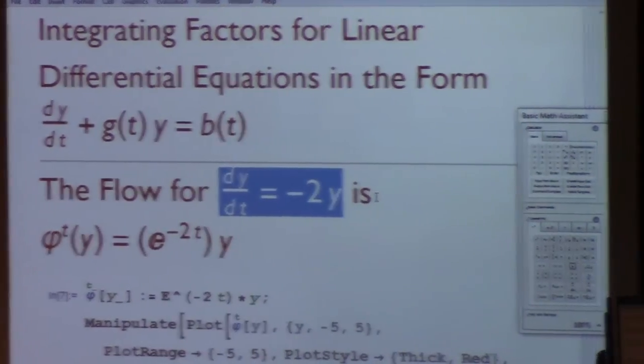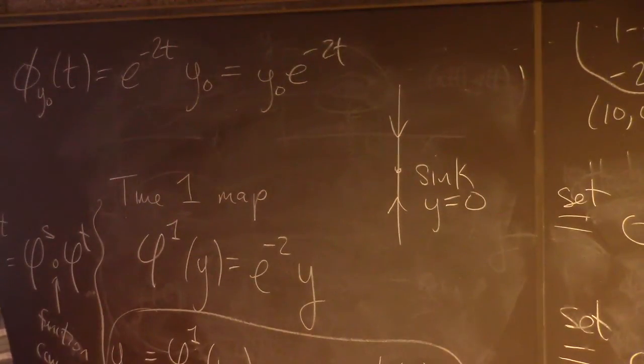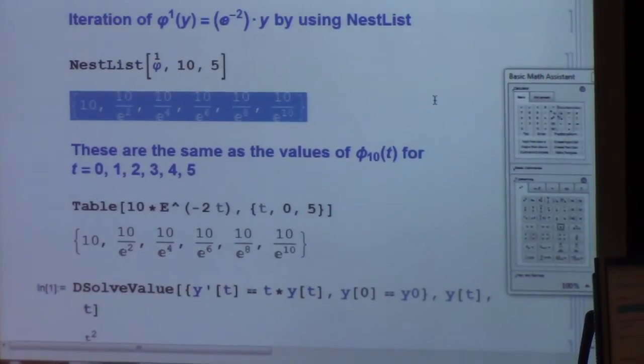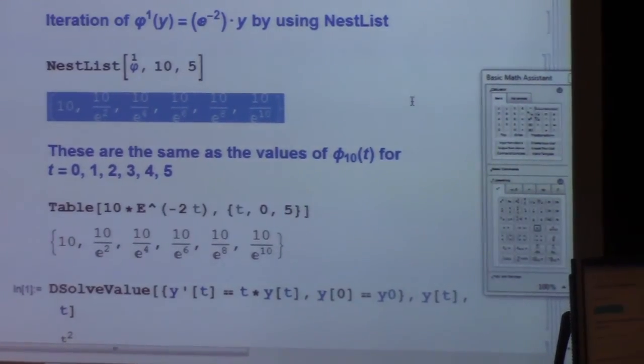The phase line for that autonomous equation looks like that. That's why those iterates are going to 0. Those numbers right here are going to 0. Okay? We'll do this a lot more in chapters 3, 4, and 5 in some pretty neat ways, and I think if we keep working at it, it'll make good sense.